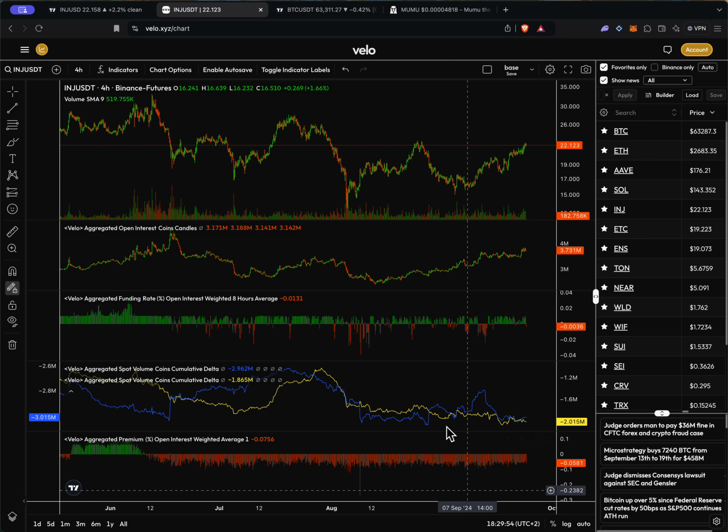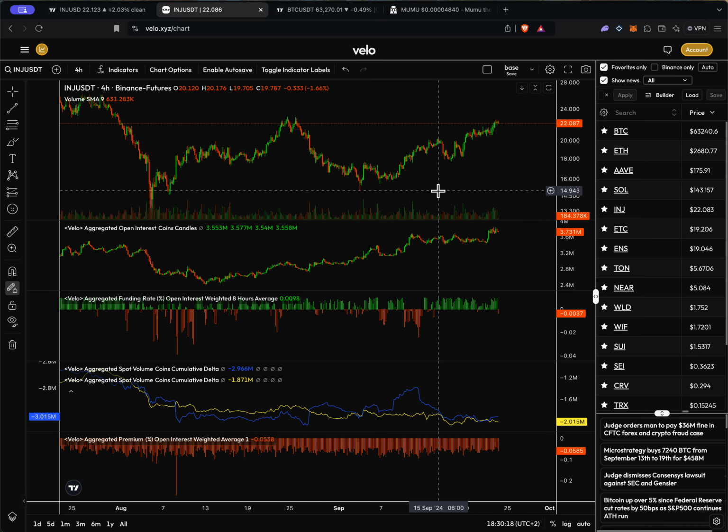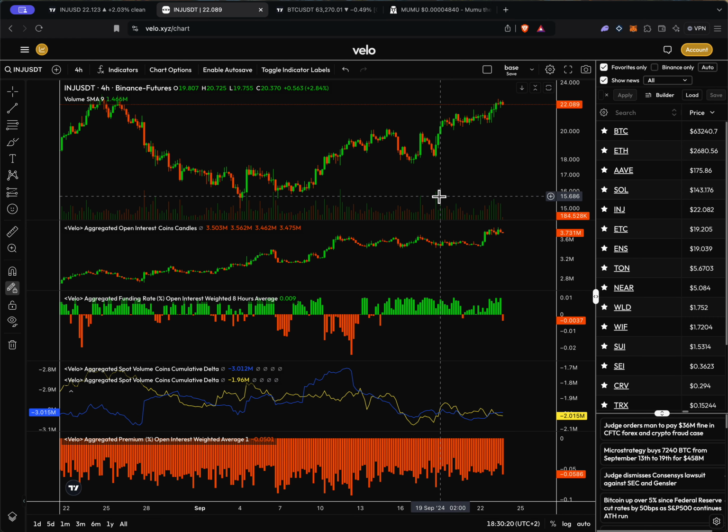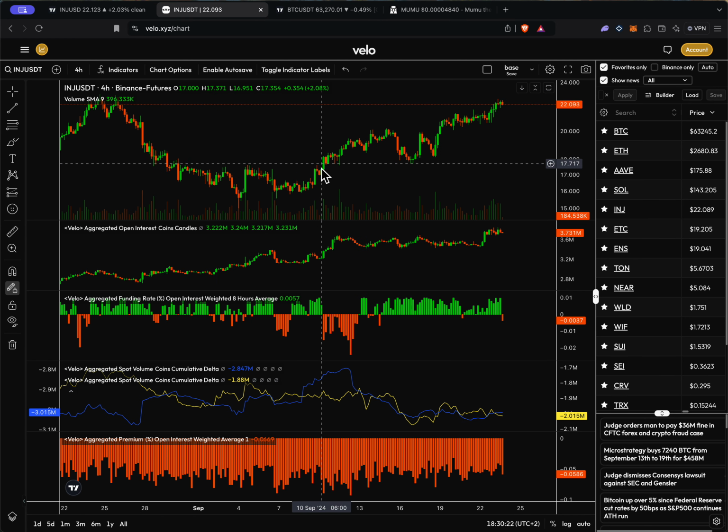Okay, so on the spot we had the first move, this move up, that was completely spot driven, the perfect scenario that I was mentioning before: funding negative, spot buying. This is what an impulsive move, spot driven, is made of.